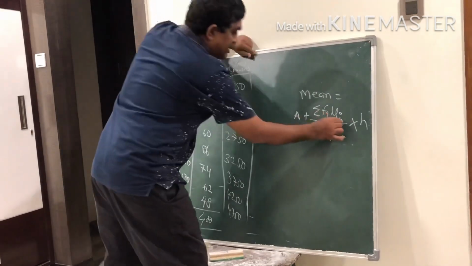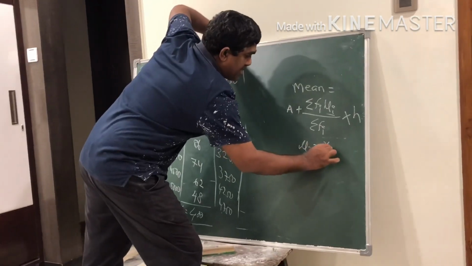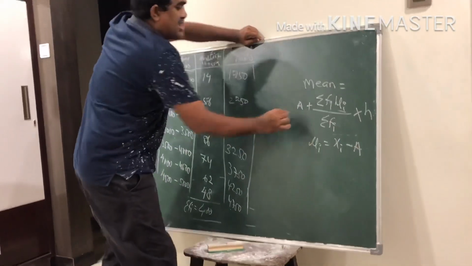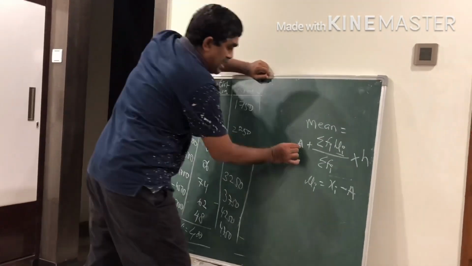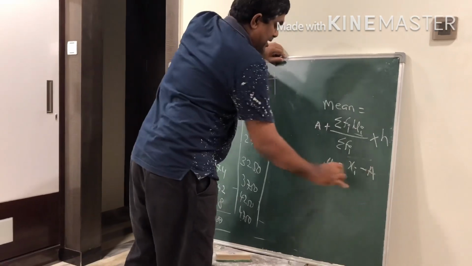Capital A, anything you can write. It's called mu i. Okay, what is mu i? How will you calculate mu i? Mu i is nothing but the deviation, xi minus A. This A and this A are the same, no need to worry. Mu i equals xi minus A.